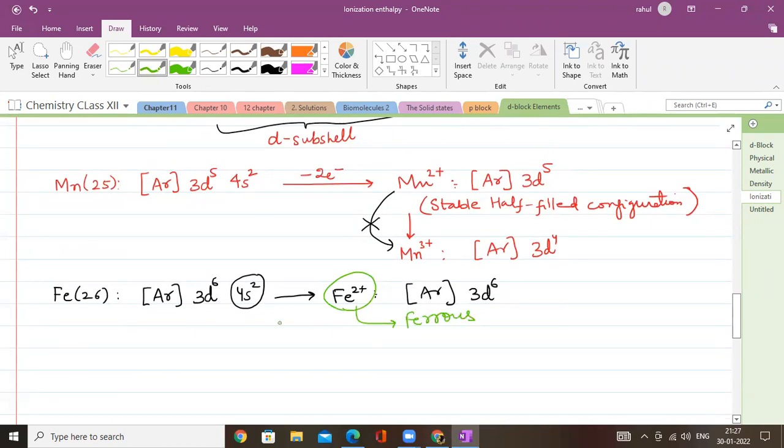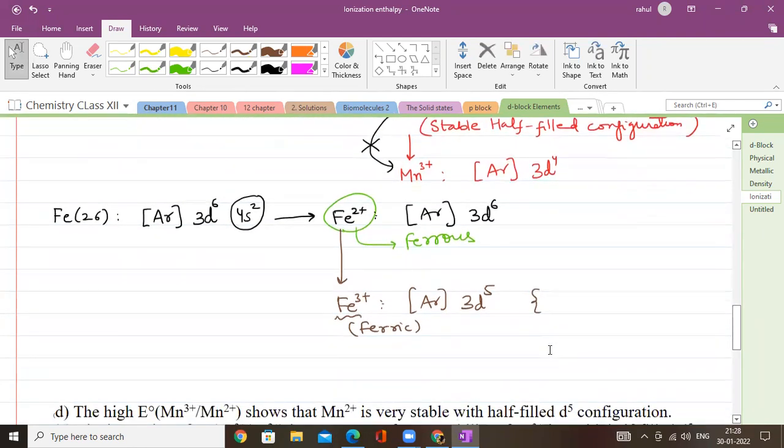But iron is always more stable in the +3 oxidation state. It will lose another electron to become Fe3+, because it has 3d5, which is brown in color. This is ferric. Ferric is brown in color, and again the answer is a stable half-filled configuration.